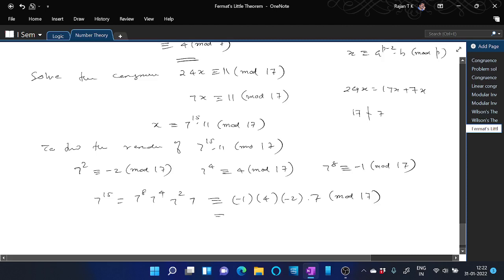And this is congruent to, just multiply, you will get 56 mod 17, which is congruent to 4 mod 17.